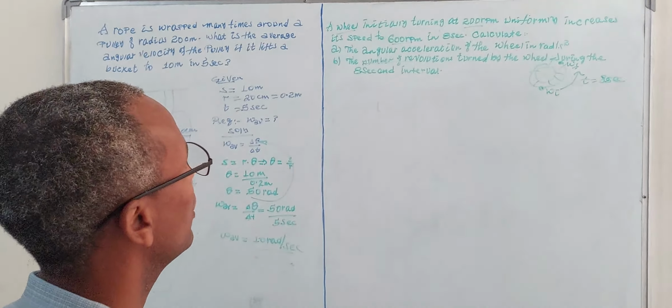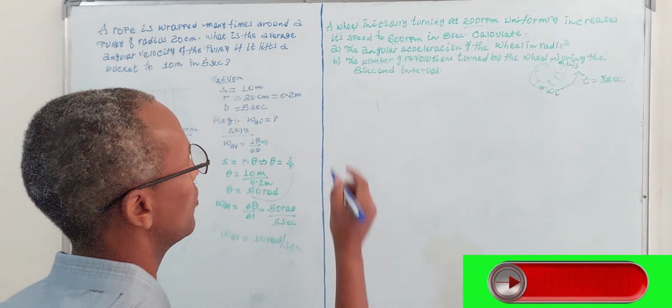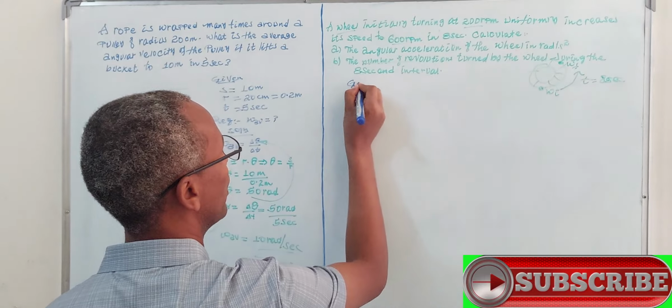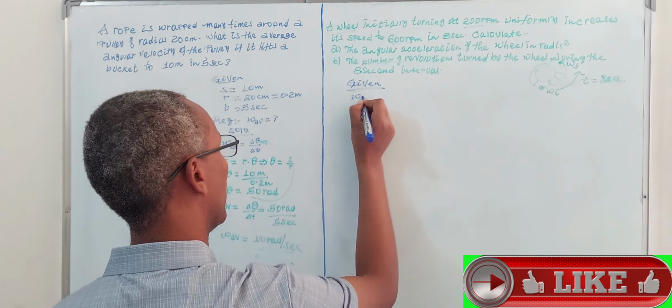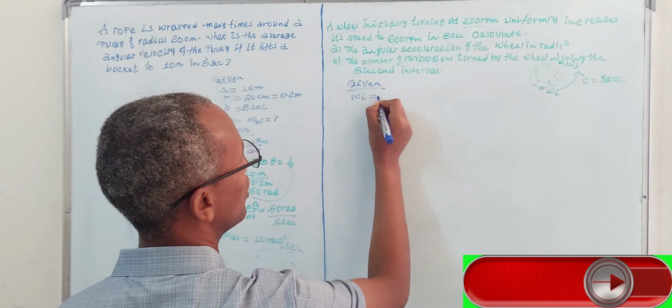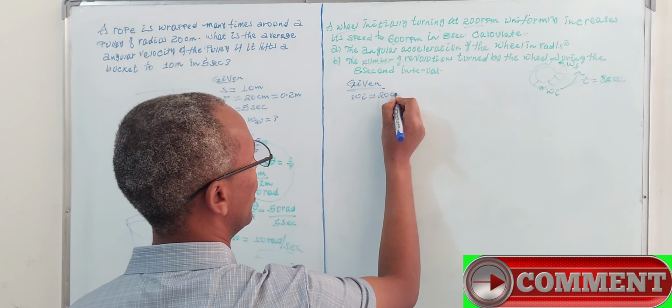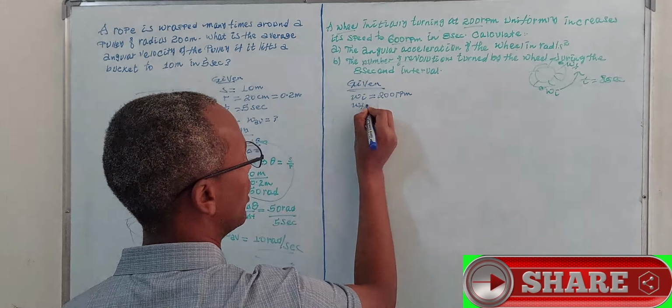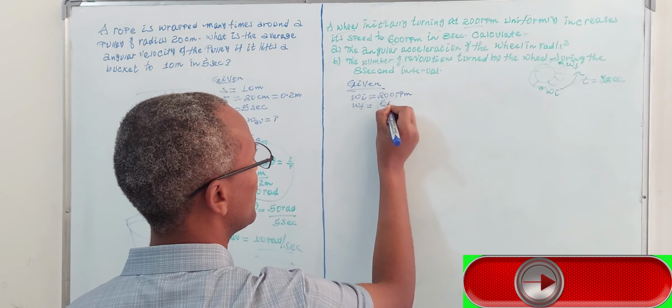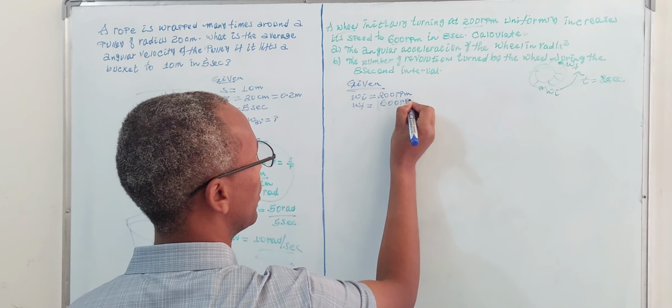The given terms are the initial angular velocity, which is equal to 200 revolutions per minute, as well as the final angular velocity, which is equal to 600 revolutions per minute.